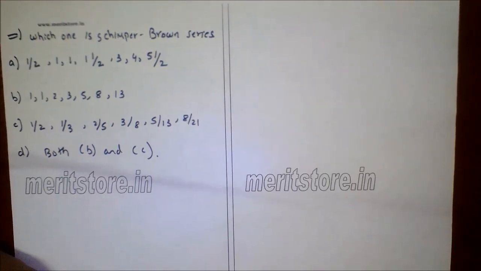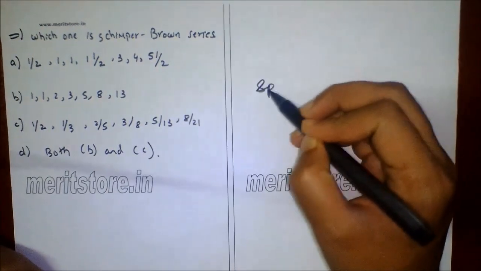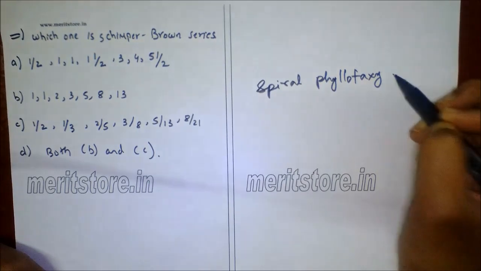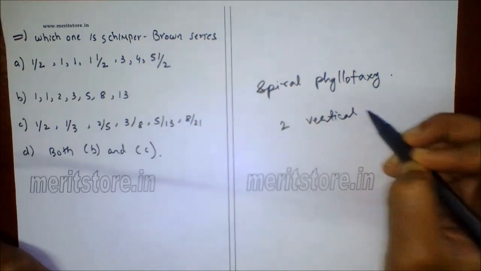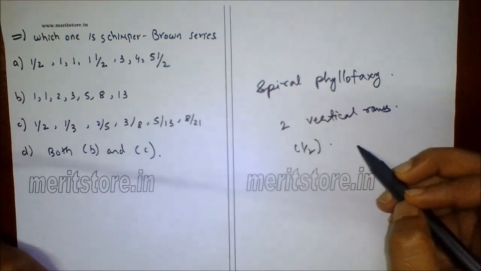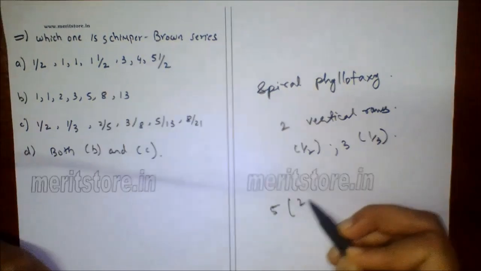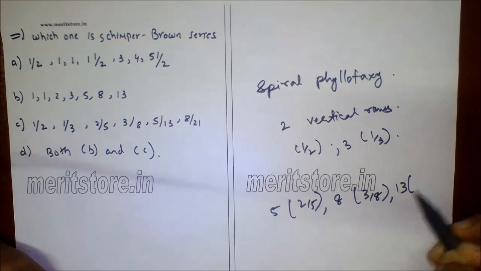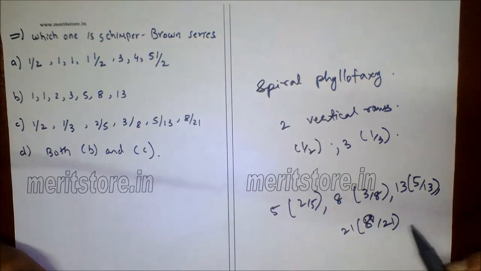Which one is Schimper-Braun series? So the leaves in spiral phyllotaxy are arranged in two vertical rows, that is 1/2 phyllotaxy, and when 3 rows it is 1/3, 5 rows it is 2/5, 8 rows 3/8, 13 rows 5/13, 21 rows 8/21.